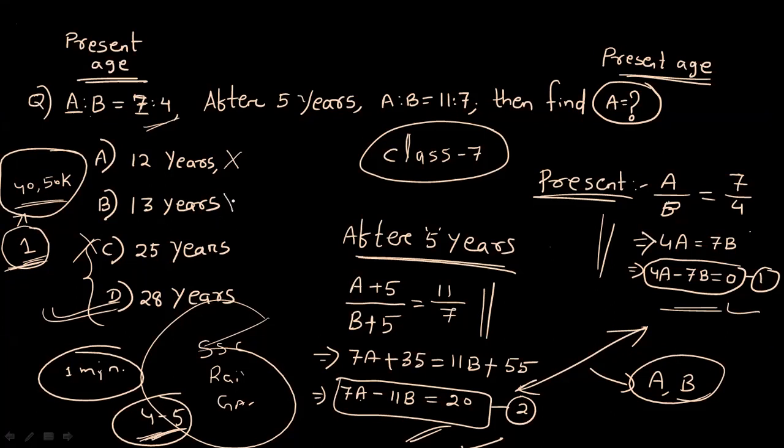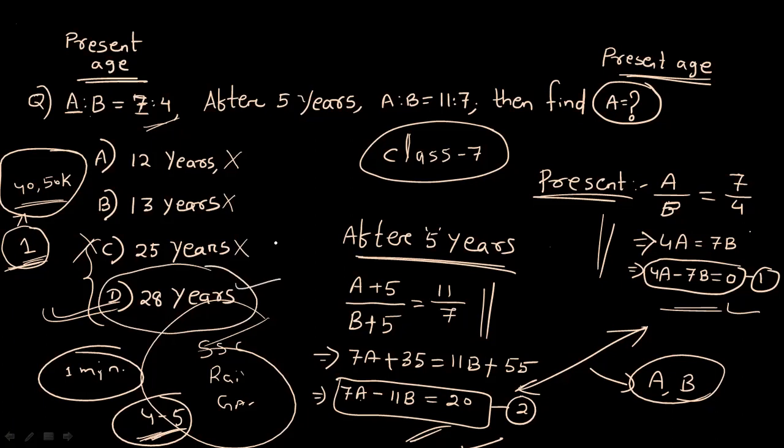No. 13 is also not the correct answer. 25 years. Is 25 a multiple of 7? That is also not possible. So 25 is also not the correct answer. So this 28, is it a multiple of 7? Yes, 7 fours are 28. So option D will be the correct answer.